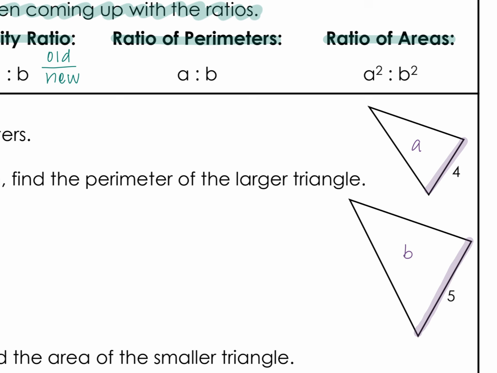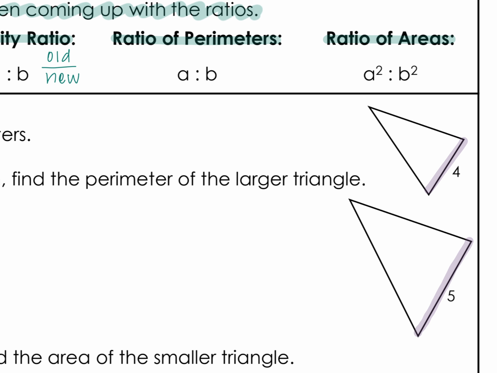Now, if you had a picture where it was maybe from left to right, so I'm just going to draw you a visual here. So for example, this triangle to this triangle, your first one, so A, and then your second one would be the B. So just consider the order in which you come across them for your A and your B if they don't specify. Once again, in this problem, they did.